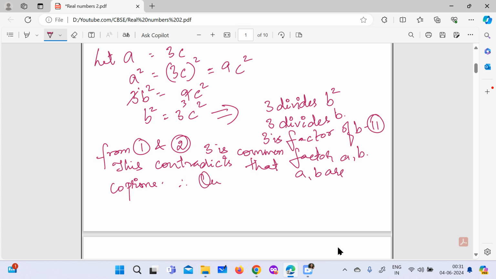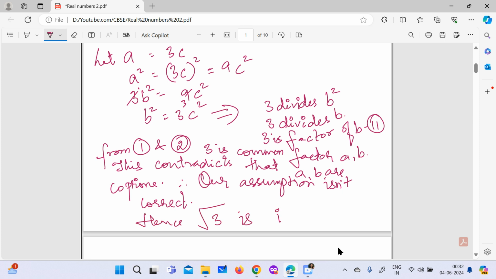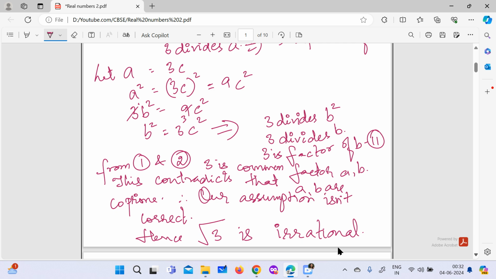Therefore, our assumption is not correct. Hence, root 3 is irrational. So I hope this is easy and clearly understood to everyone. Yeah. Now let's see the next question.